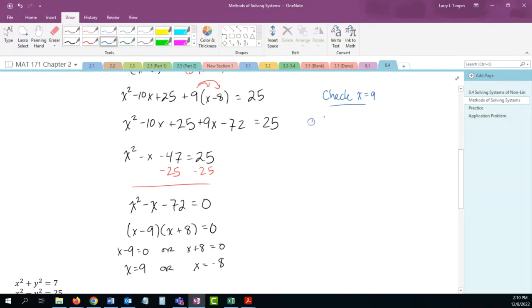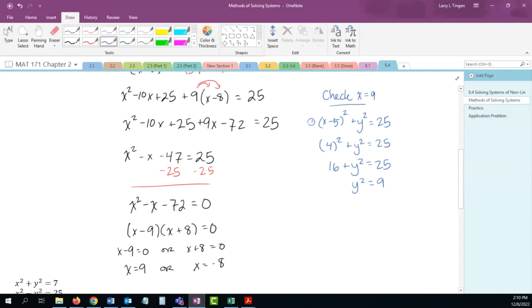So equation 1 says x minus 5 squared plus y squared is equal to 25. But I know that x is 9. So 9 minus 5 is 4. 4 squared is 16.